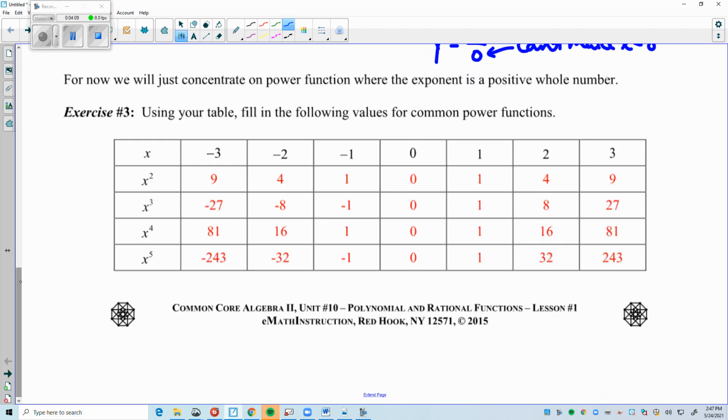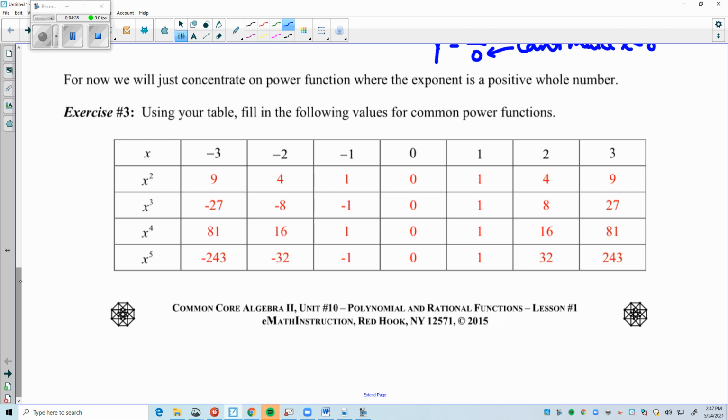Okay, so y-intercepts, we know are going to be at 0 for our power functions unless we have a negative b value. So with that idea, we're looking at this whole thing. Rather than having you fill this out, I filled this out for you. So we're just going to concentrate on power functions where the exponent right now is a positive whole number. I want you to look at this chart and try to see some patterns.